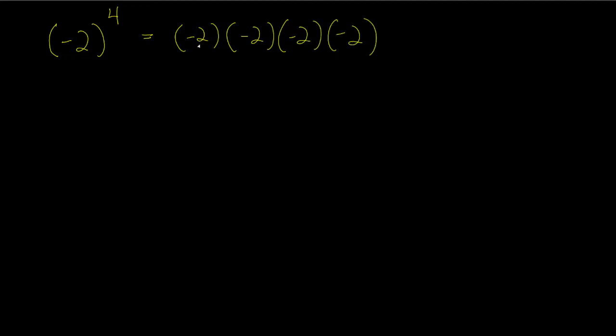So if I have a negative number to the power of 4, that's the same as 4 multiplications. Well, I have an even amount of negative signs, so this is going to be a positive answer.